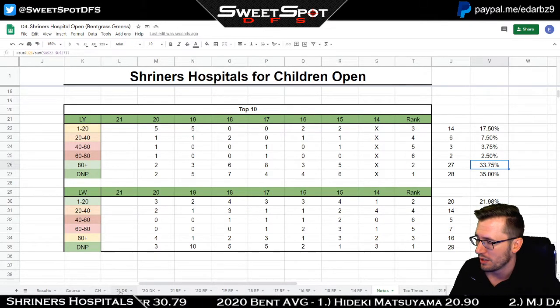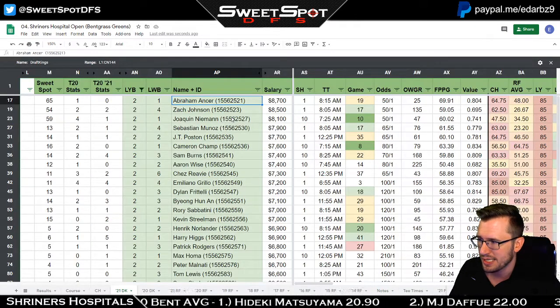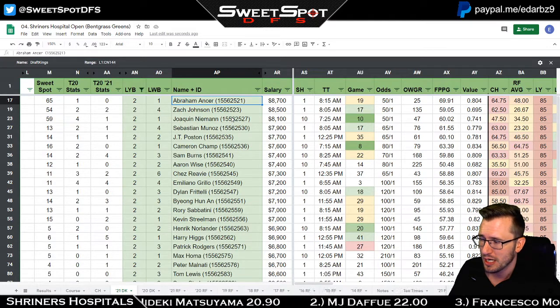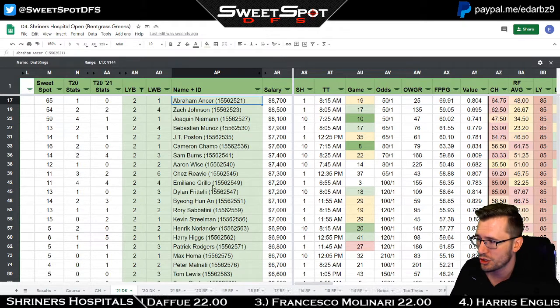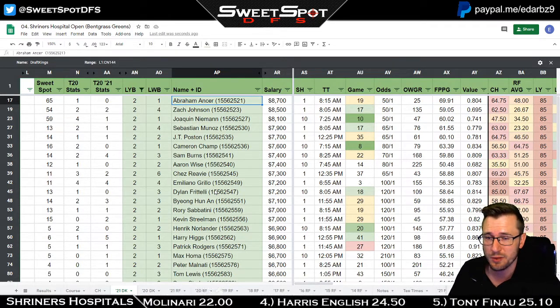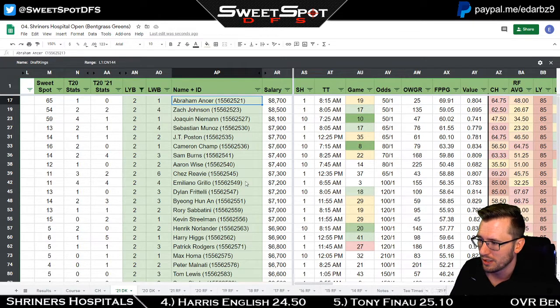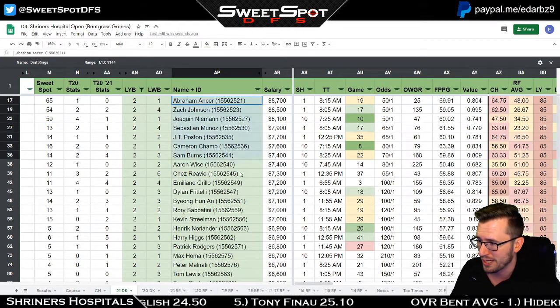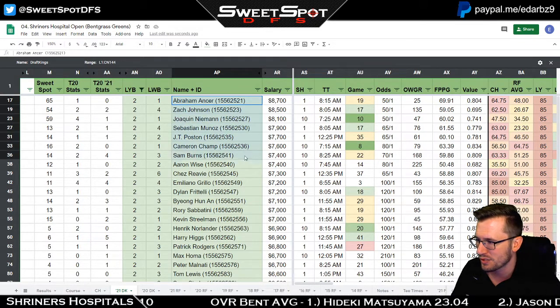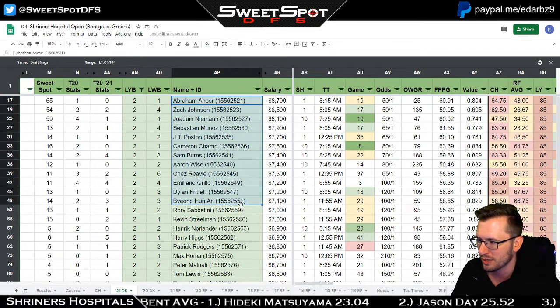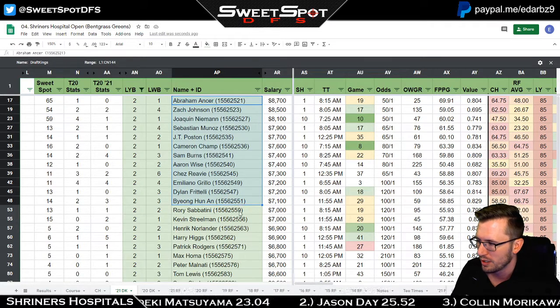When our highest price guy is 8,700, I think we could attack really any of these golfers and choose them based off their salary, but also based off their bucket. It drops dramatically. So it goes from 8,700 I guess right to about here, and then it's obviously 7K and below.